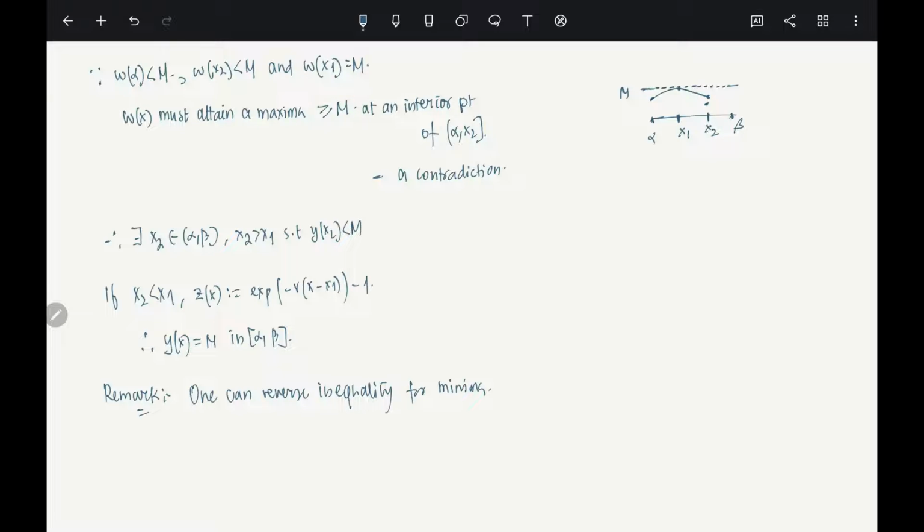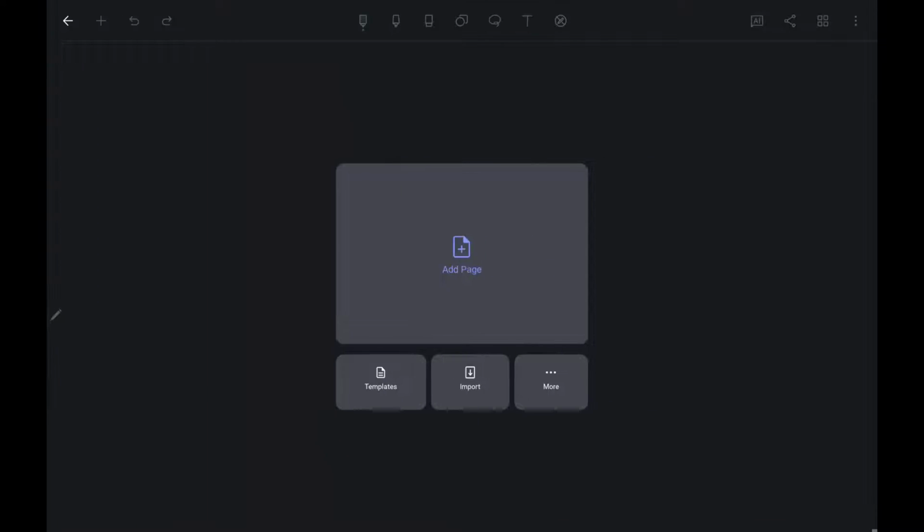Is this okay? Now what we are going to do is look at some equations. We will use this and look at some equations from here. So first of all, we want to generalize the idea. We want to use the maximum principle for what sort of problem?